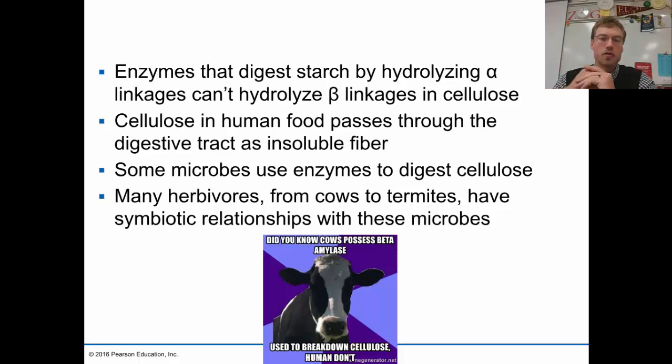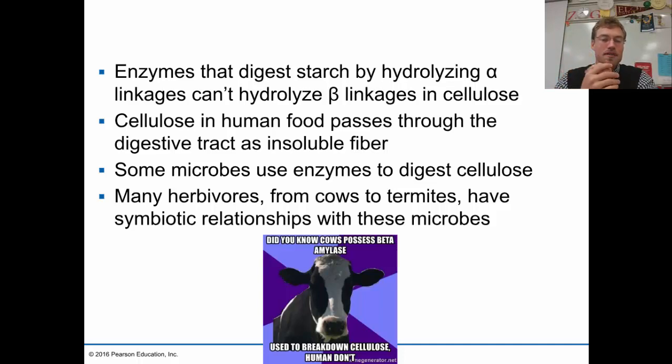So cellulose in human food passes through the digestive tract as insoluble fiber, and it's actually what helps to keep you regular, right? As the fiber goes through your digestive tract, it scrapes against the linings, which causes your intestines to release mucus, which helps to lubricate your intestines, which is the reason why you want to make sure you're getting a lot of fiber so you don't get stopped up.